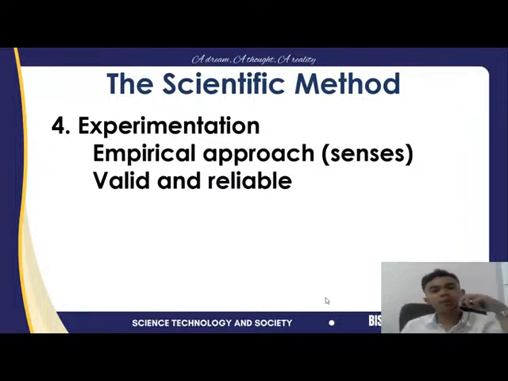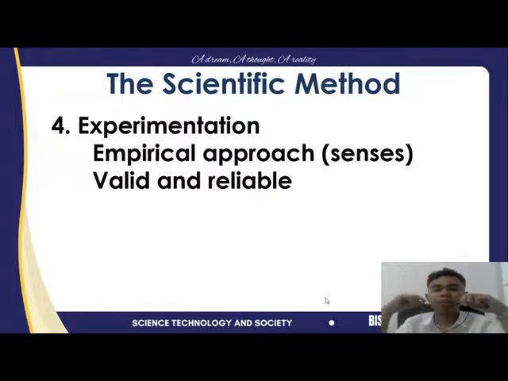When we say reliability, it pertains to the consistency of our measurement. Whether when we repeat our experiment on another day, it can give the same result. That is reliability. How consistent is the result of our experimentation?